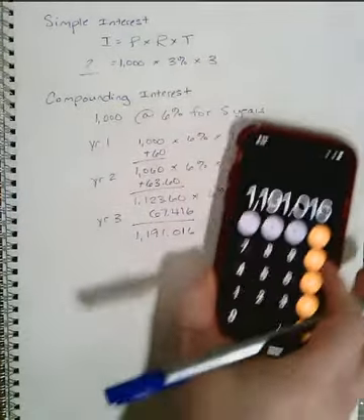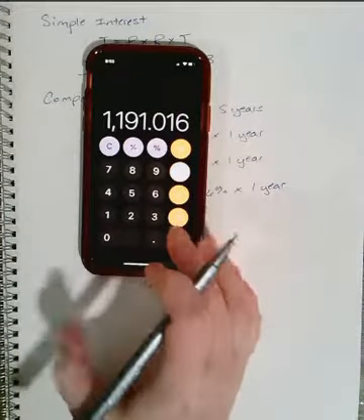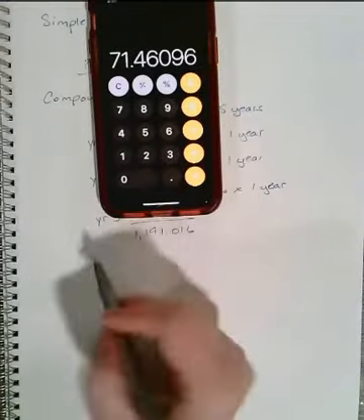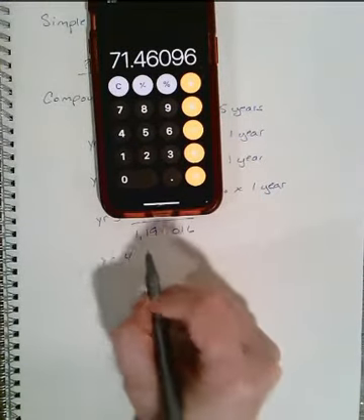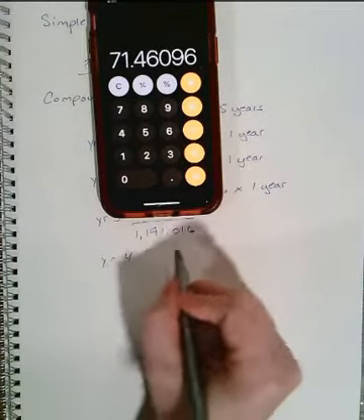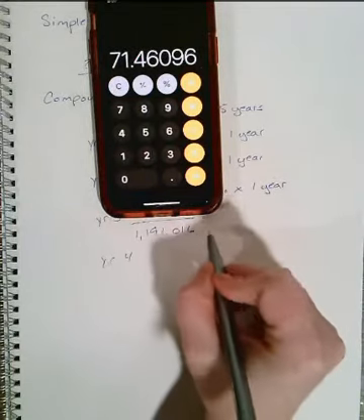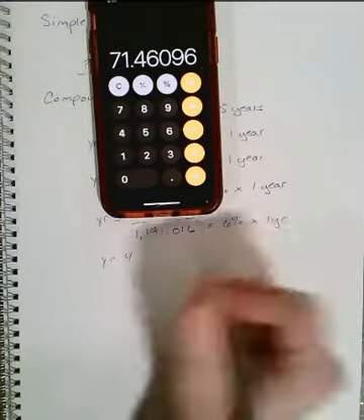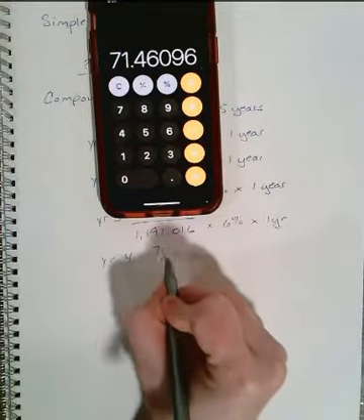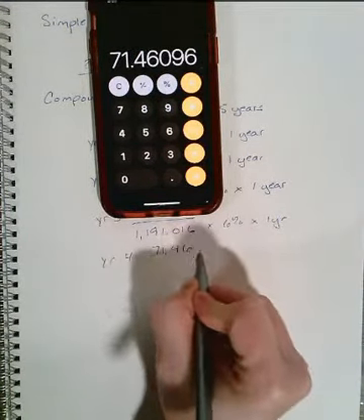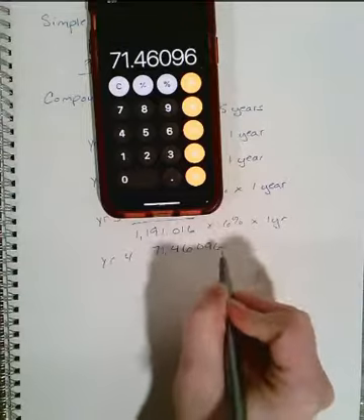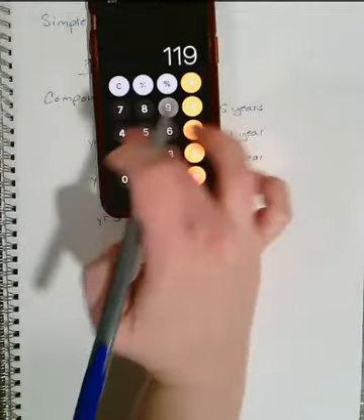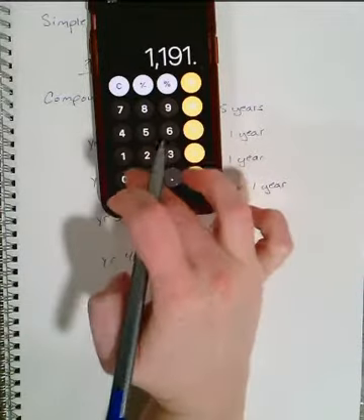Okay. And then let's do it for year four. Year four, we have 1,191.016 times 6% times 1 year, and we got 71.46096, which we're going to add to 1,191.016.